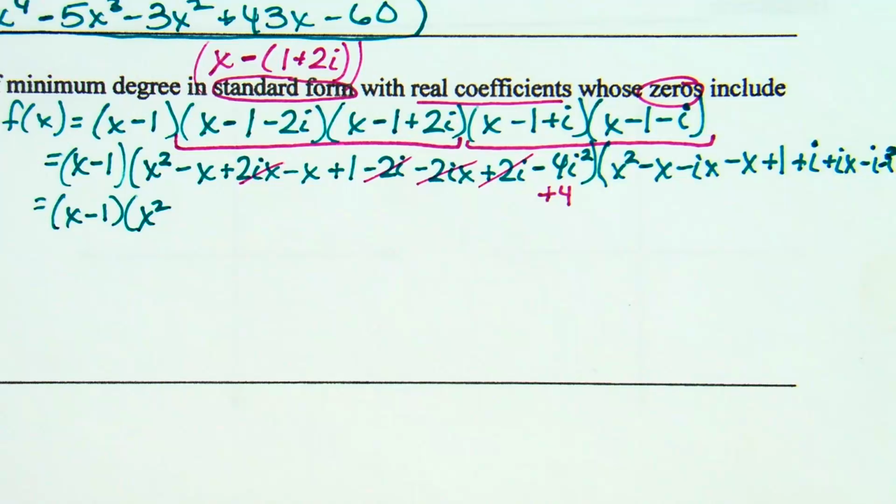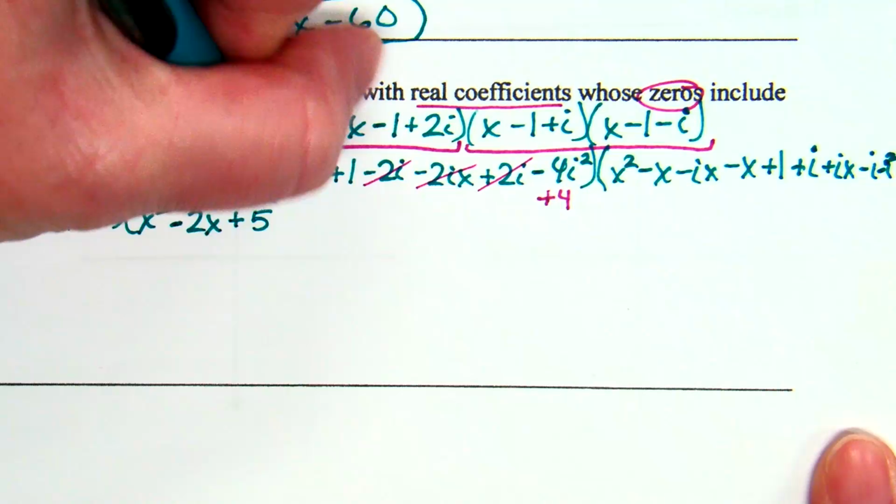Check the next one. What cancels? Minus ix plus ix cancels. Plus i minus i cancels. And what do you know about minus i squared? Yeah, it's minus negative 1.